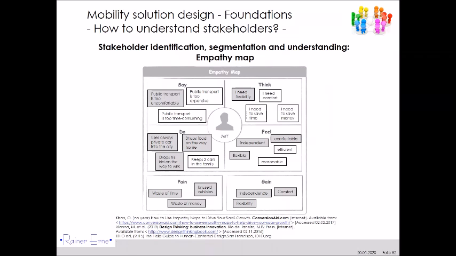One of the very common methods which is used in design thinking is the empathy map. Here you create a persona, which is kind of a representative for a certain user segment. In this case, it's Jeff. And to document what Jeff said, like public transport is too uncomfortable, too expensive, too time consuming.